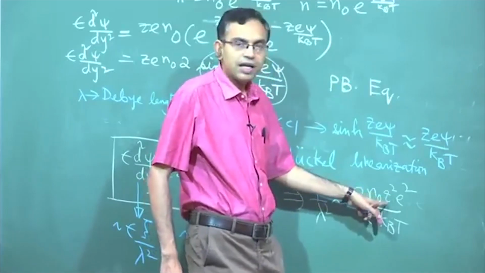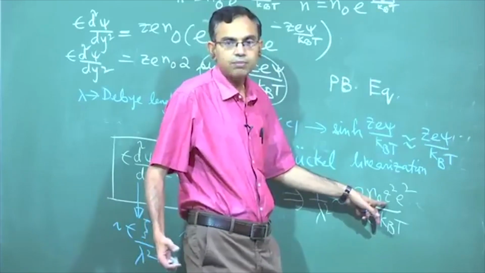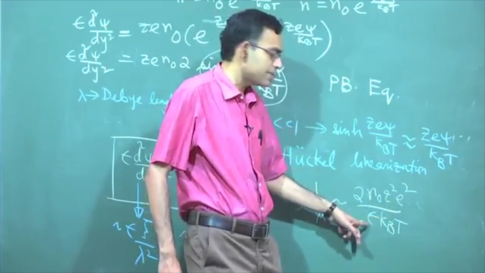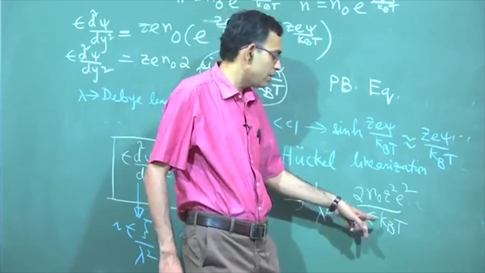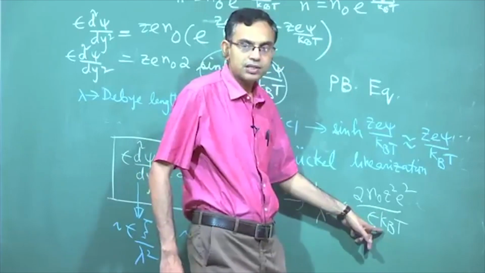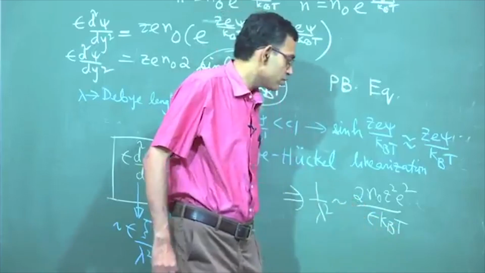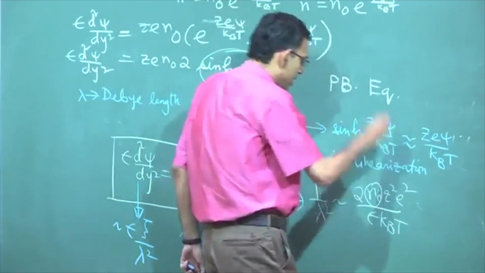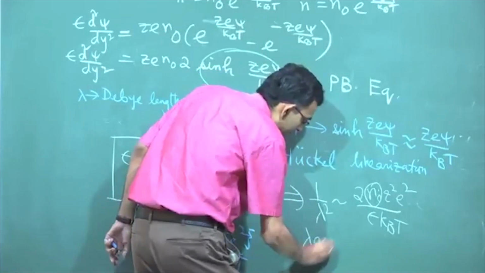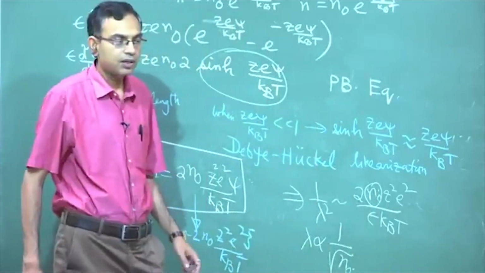Z you can also vary, but normally it will be 1 or 2, monovalent or bivalent. E is the protonic charge, a constant. Epsilon is the permittivity of the solution, which does not vary that much. kB is the Boltzmann constant, and T is mostly room temperature. So n0 is the parameter, and you can see that lambda varies with 1 by square root of n0, given all other parameters are constant.